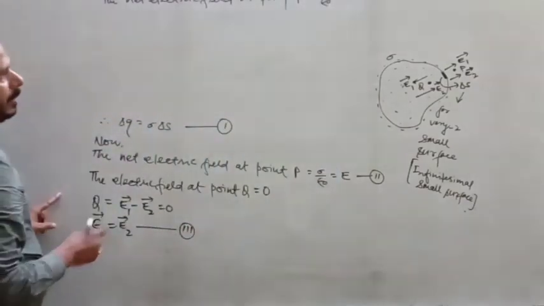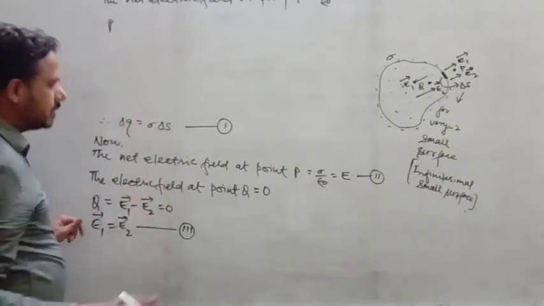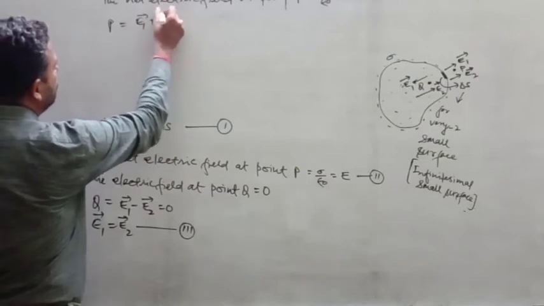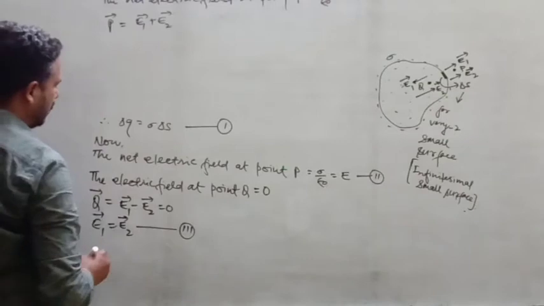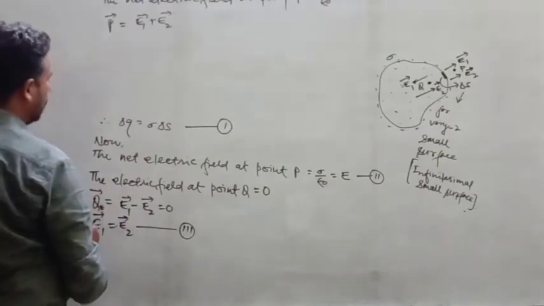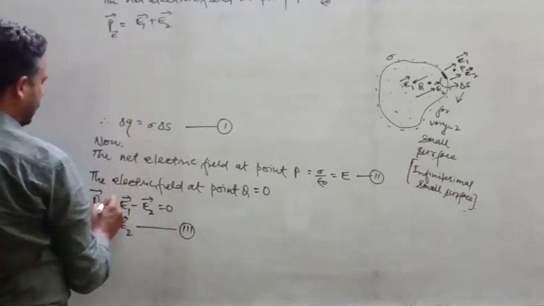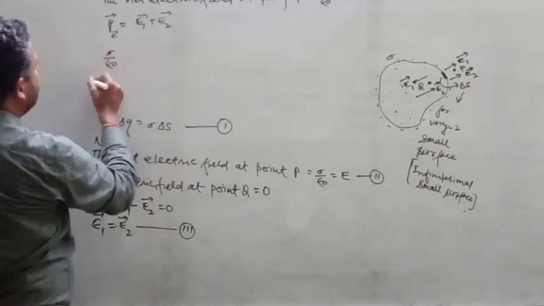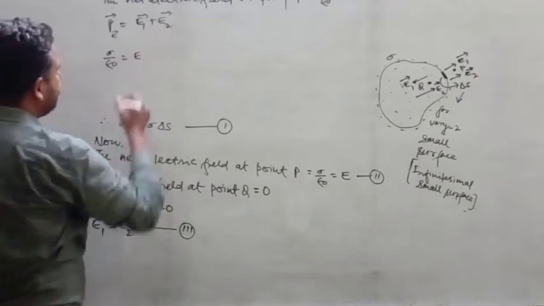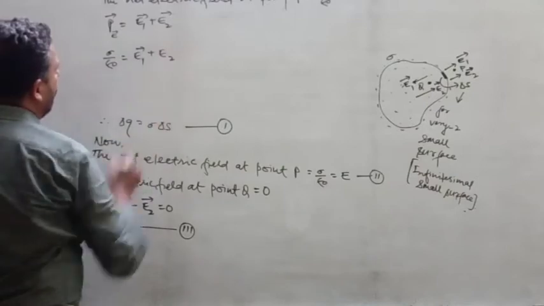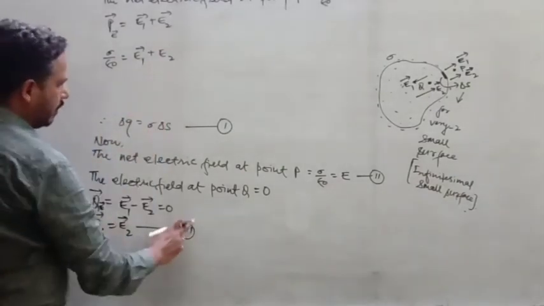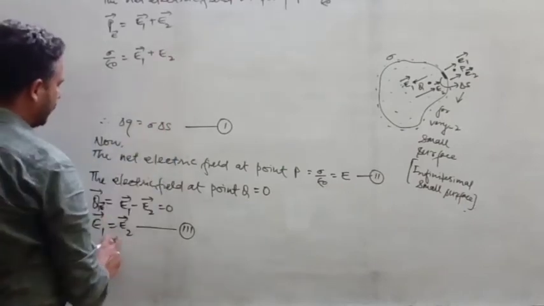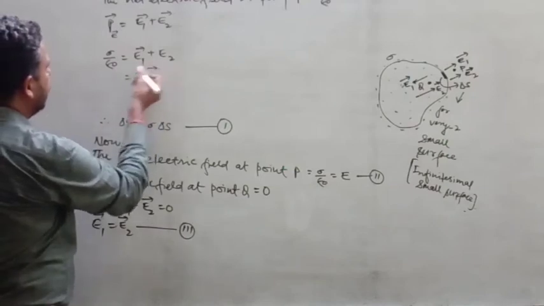But at point P, this is the sum of E1 plus E2, like the field at Q. From the second equation, this is sigma by epsilon naught and equal to E1 plus E2, and you know E1 and E2 are equal from the third equation. So putting the magnitude, it is 2 times E1, equal to sigma by epsilon naught.